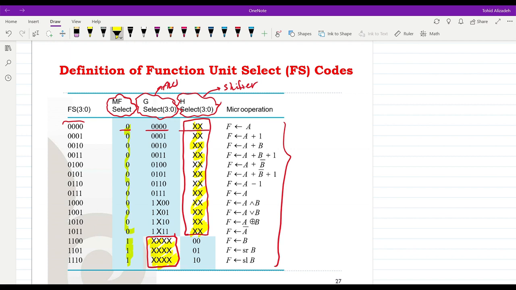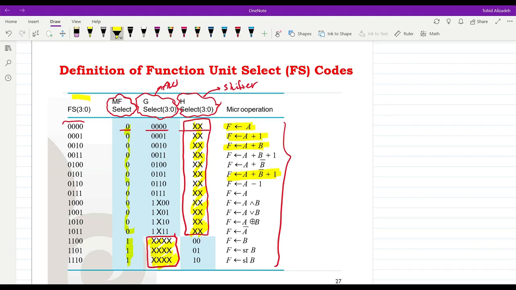So then the codes are also determined for transferring A to the output or incrementing it, doing addition, performing subtraction, and all the operations are determined. And then we have the truth table.